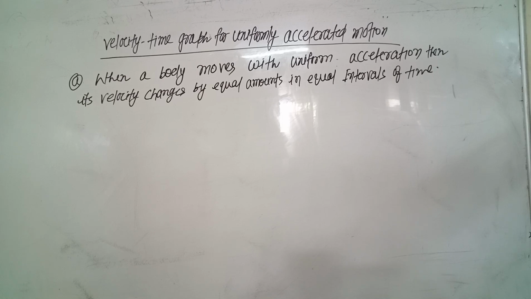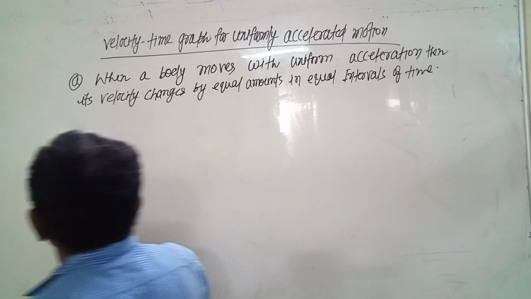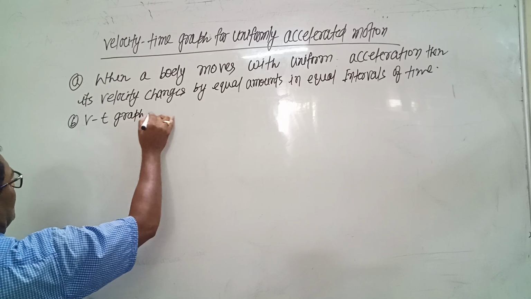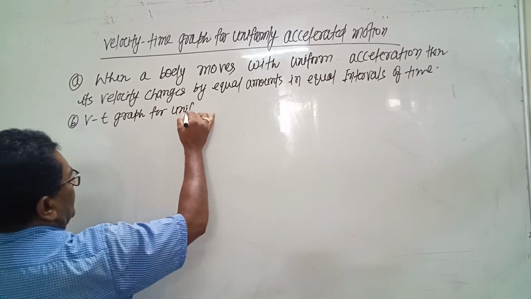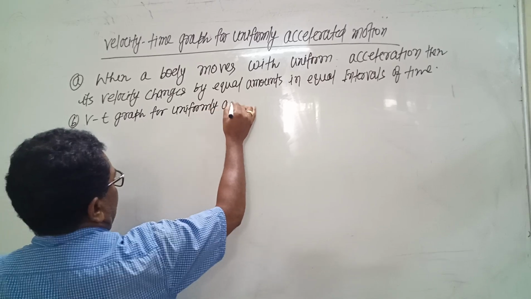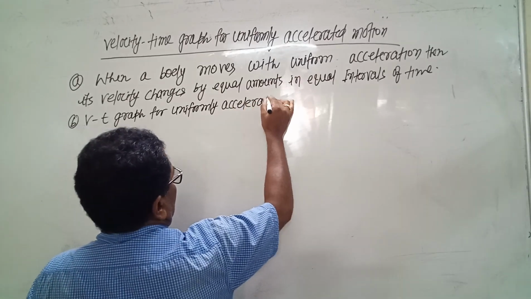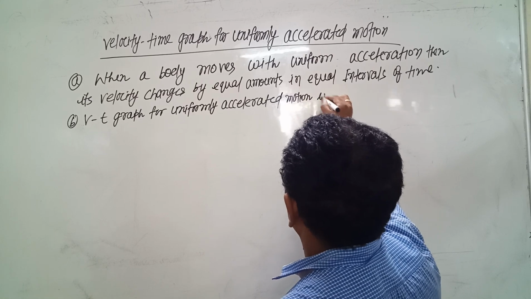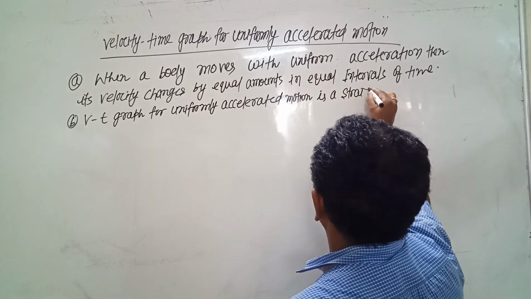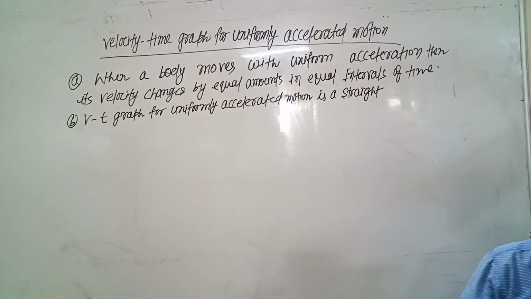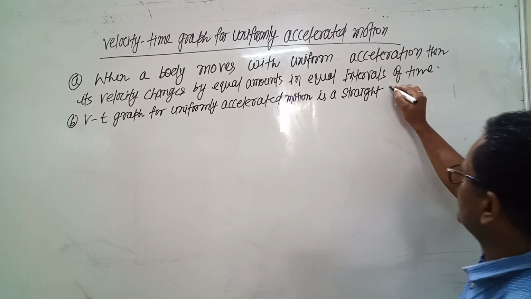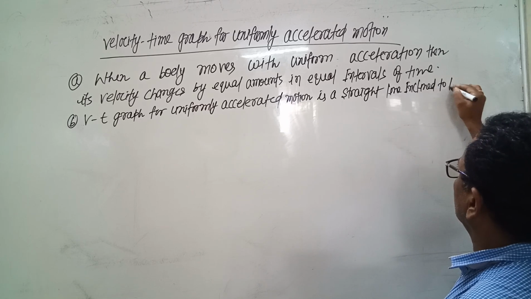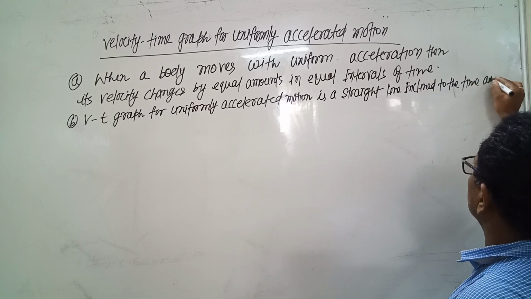And the Vt graph for uniformly accelerated motion is a straight line inclined to the time axis.